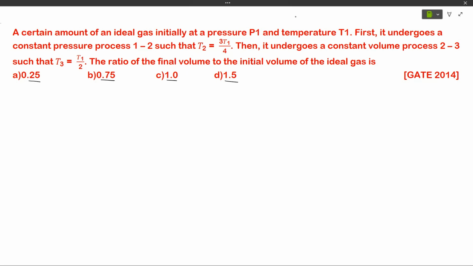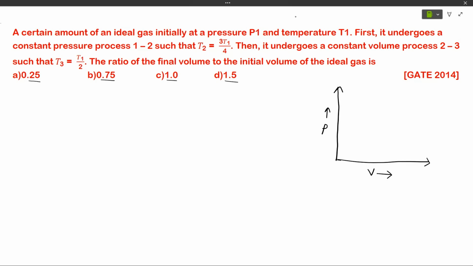So let us consider the coordinate diagram. We consider pressure along the y-axis and volume along the x-axis.